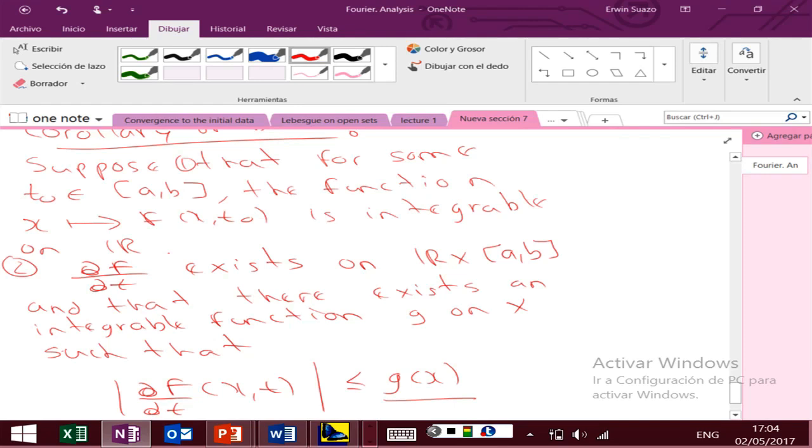That's just notation, but it's good to expose you to that notation. If you fix t, let's say t0 is 1000, then x to f of x, 1000 is just a function of x. It's not a function of t sub 0. So it's saying that each time you fix t, you have an integrable function with respect to x.